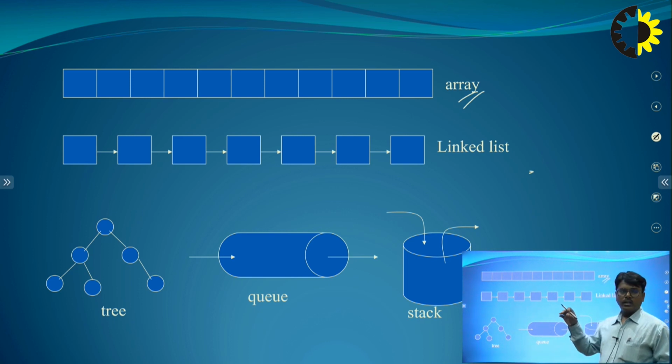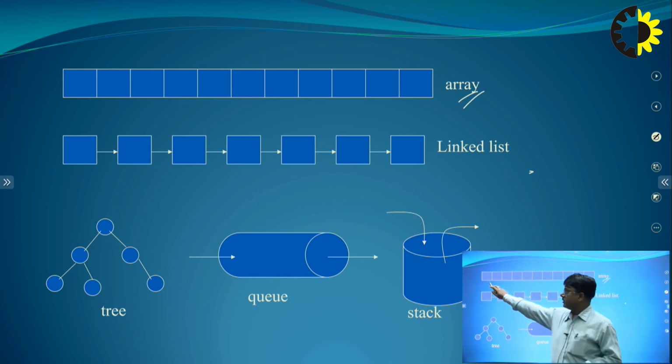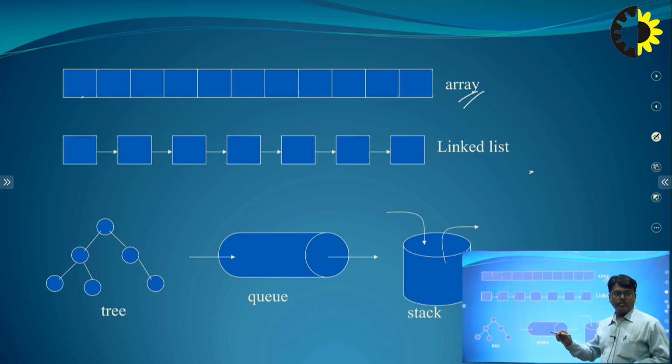As we know that it is a linear data structure, all the data will be stored in a linear manner. Starting from the first data, this will be the first data, and after that it will traverse in either forward direction or backward direction.